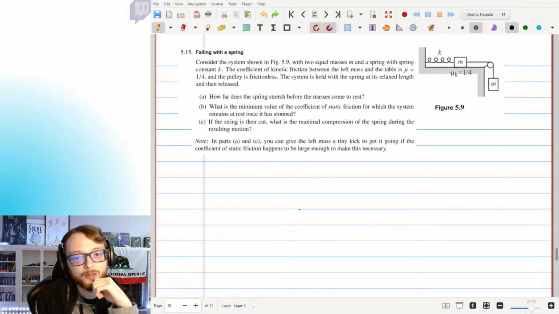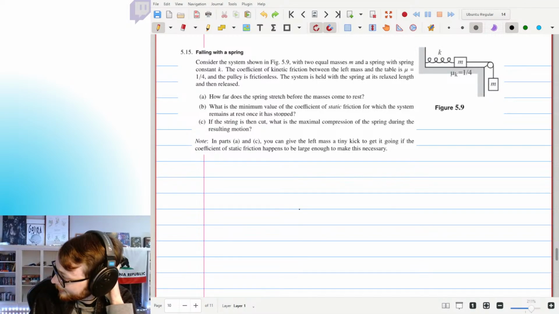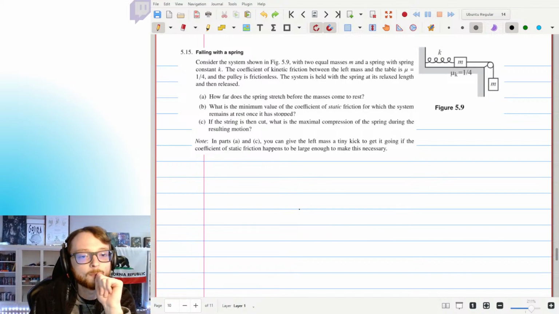Now I assume we're supposed to use energy here, but why could we not just look at the forces on this other block and assume that the force due to gravity is equal to the force from the spring plus friction. Well, if it's going to be at rest, friction doesn't matter, I guess.